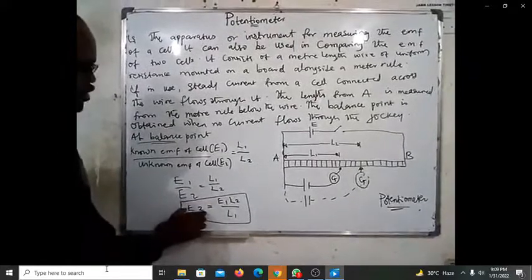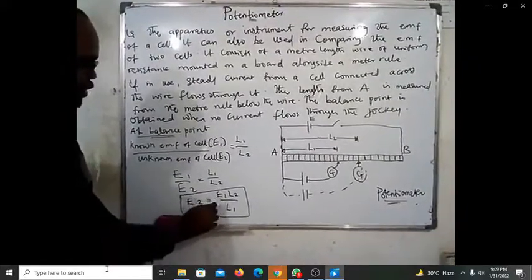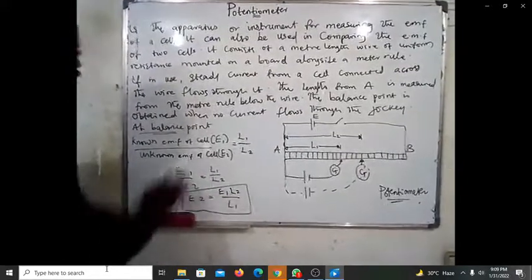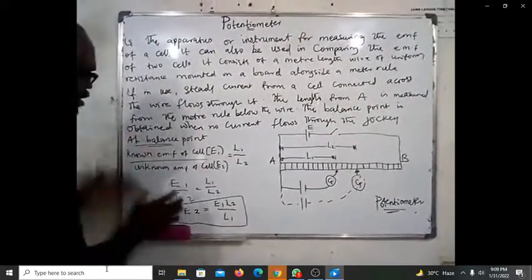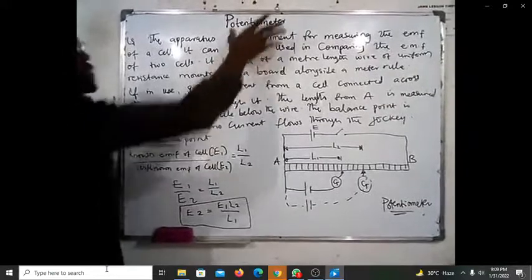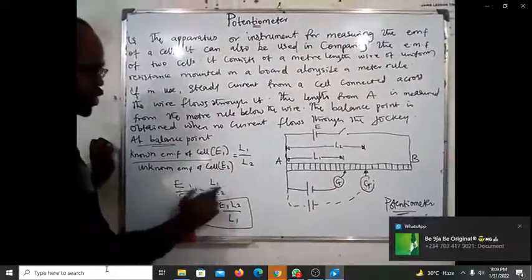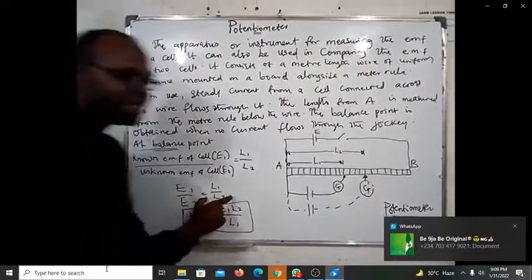Then make E2 the subject of the formula. E2 will simply be equal to E1 L2 all over L1. So at the balance point of the potentiometer, E1 over E2 is equal to L1 over L2.